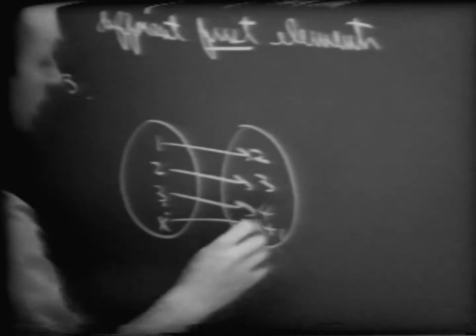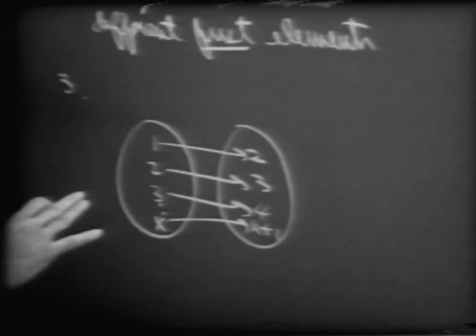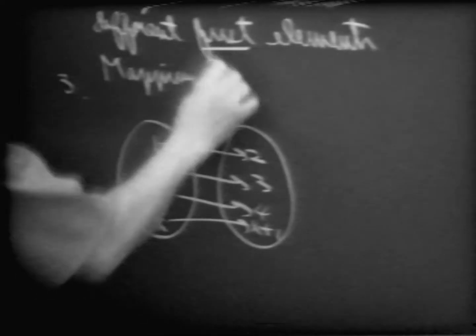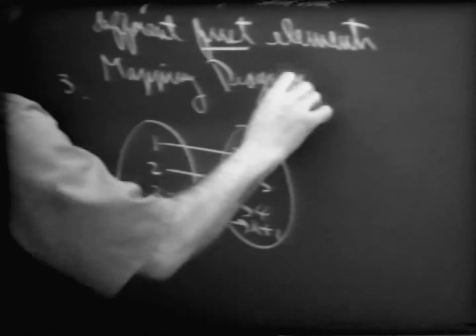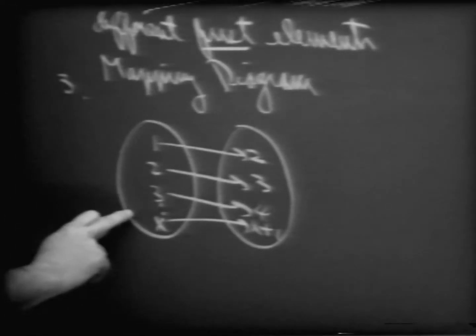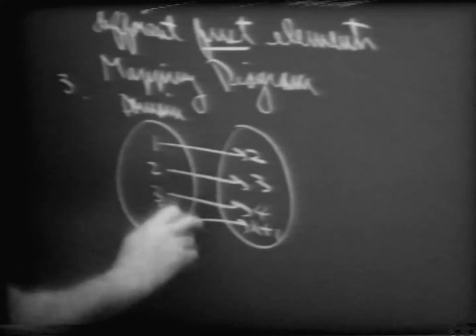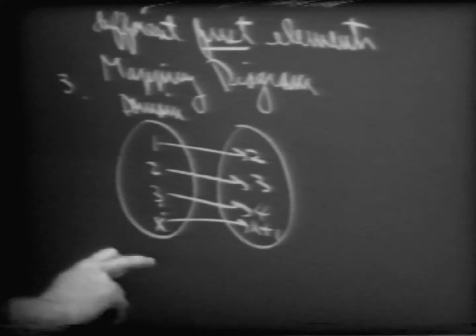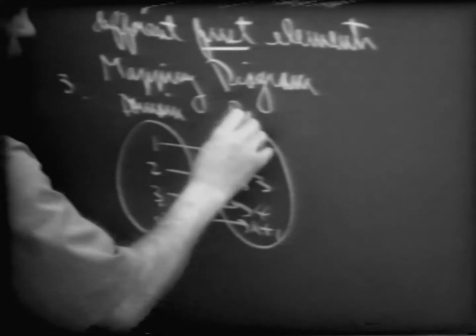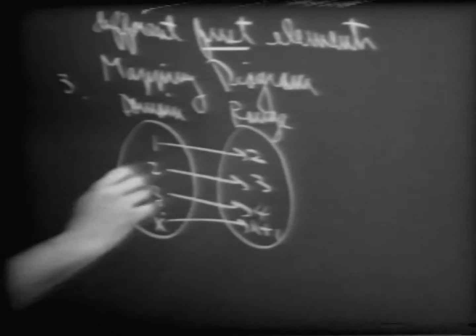What did we call this mapping? We call it a mapping diagram. Then we gave this first set here a name: we call it the domain of our function, and the second set we call the range of our function.